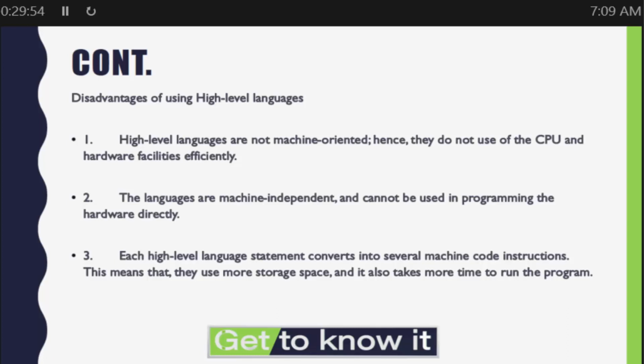With high-level languages, because they have to be converted into their machine code equivalents, and these codes have to be stored in the computer, you usually find that they will take more space. And because they have to be translated into a computer language, it also takes a lot of time.